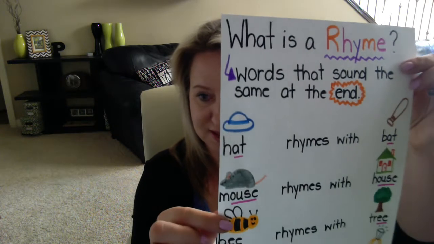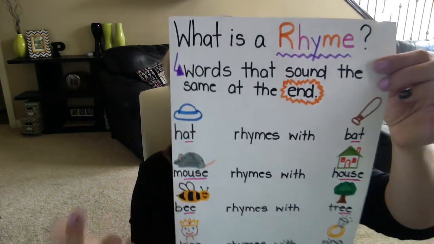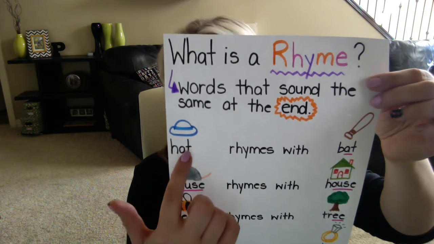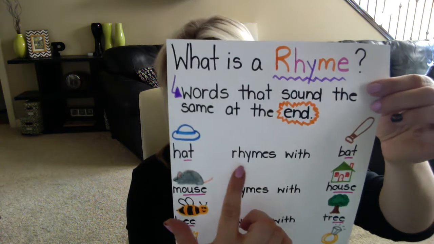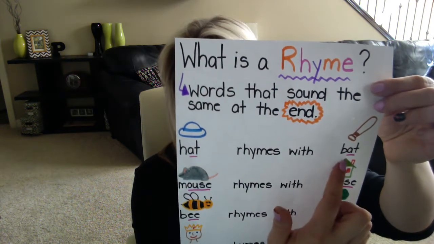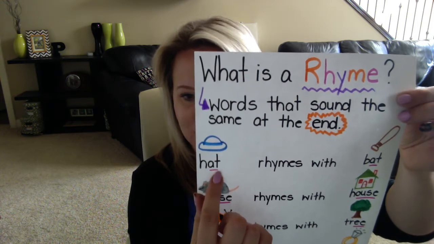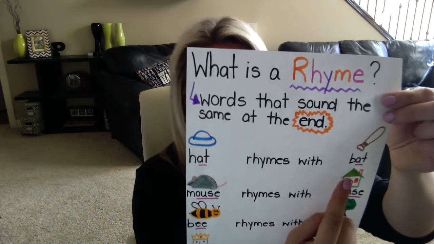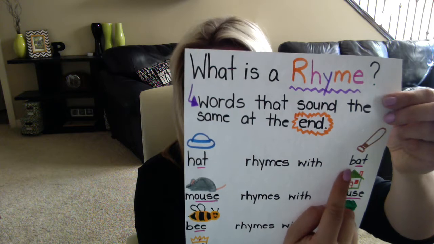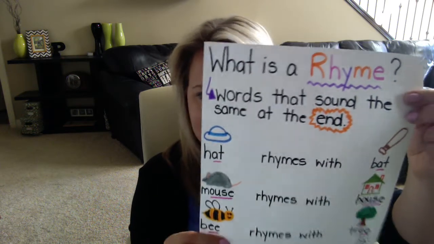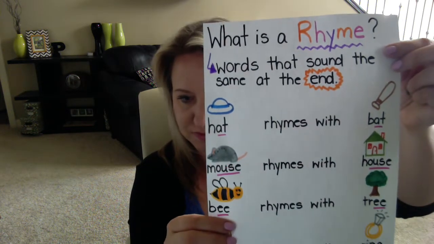And I'm going to show you some examples that I made here. So we have the word hat. That rhymes with bat. You can see at the end of hat, we have AT, which says an at sound. And at the word bat, we also have AT, that says an at sound.